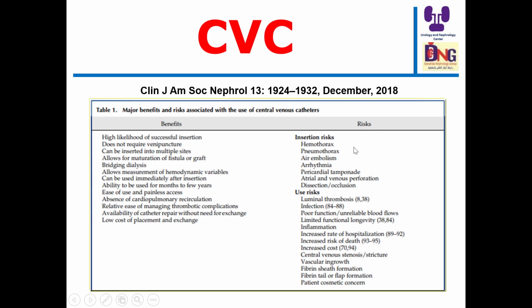There are insertion-related risks like hemothorax, pneumothorax, air embolism, arrhythmias, tamponade, atrial and venous perforation, dissection, occlusion, and use-related risks like luminal thrombosis, infection, poor function, limited function, longevity, inflammation, increased rate of hospitalization, increased risk of death, increased cost, and central venous stenosis.